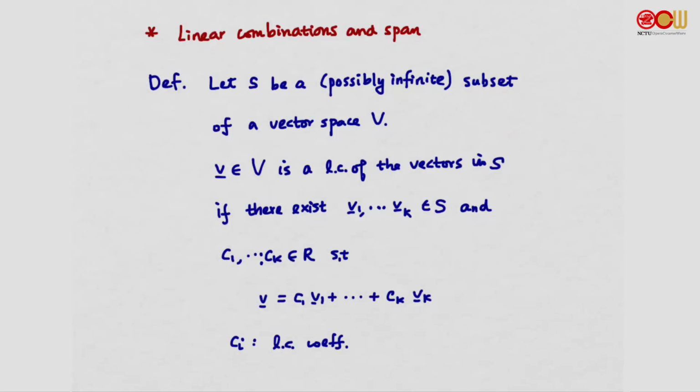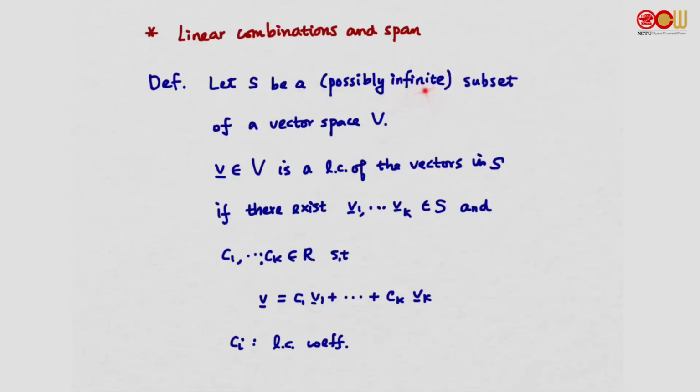Like Rn, we have linear combinations and span for vectors in a vector space. S is a subset of a vector space V, and S is possibly infinite.